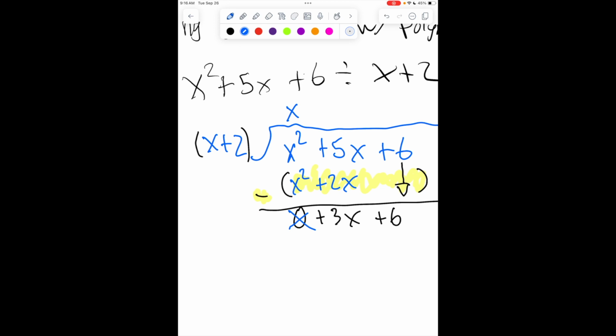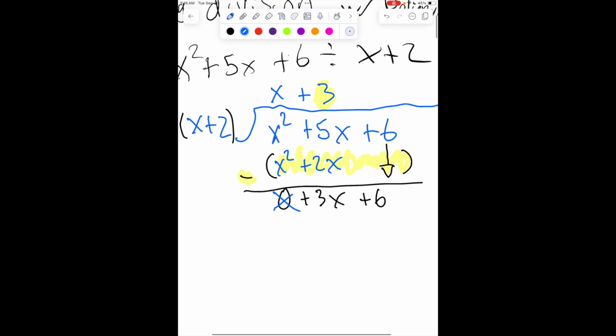So now I'm going to go back, and again, I've got another term. Now I have to put something right here. So what could I multiply to get 3x? Well, I'm going to multiply by a positive 3. So now when I go through and I get 3 times x, again, I still have to think about my subtraction sign here. It's going to distribute. So 3 times x is 3x. 3 times 2 is plus 6.